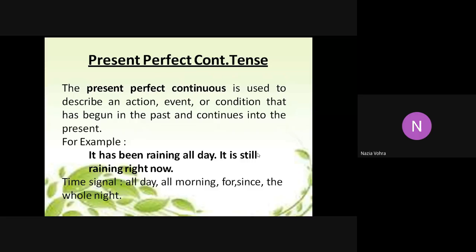After I have taught you the tenses, I'm going to roll out some worksheets, which you can practice individually at your ease at home. And I will send you the answers once 24 hours have passed, and then you can check.